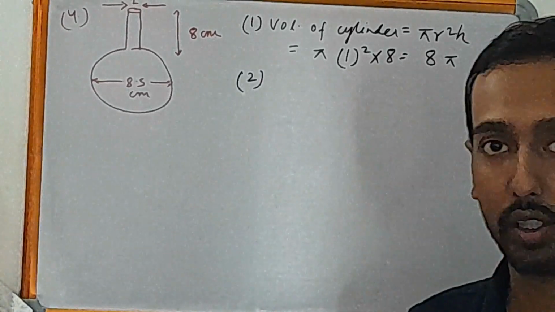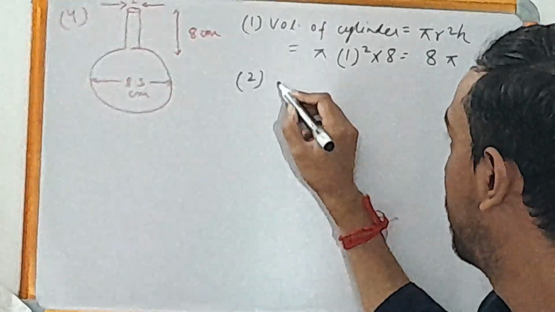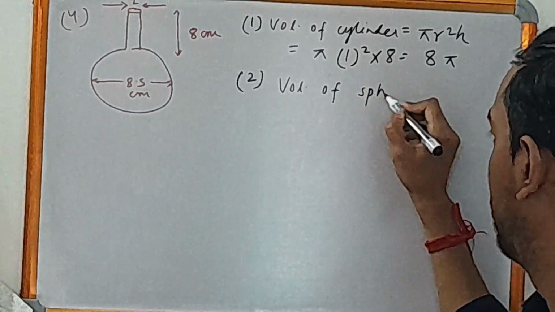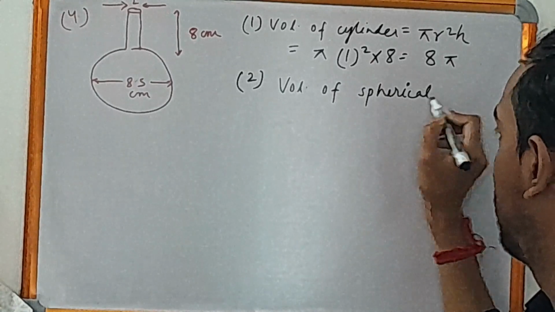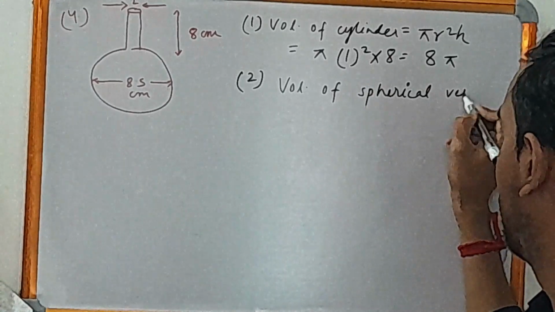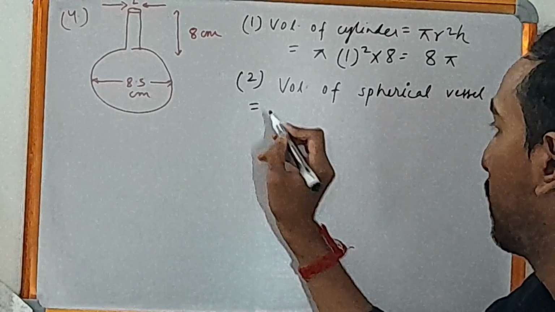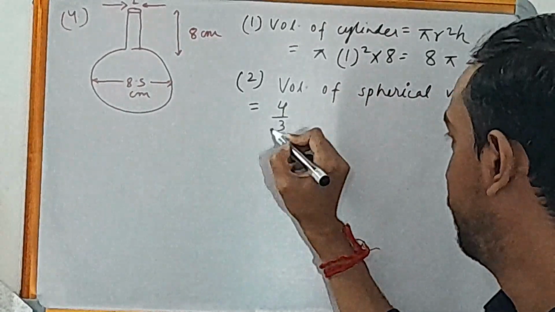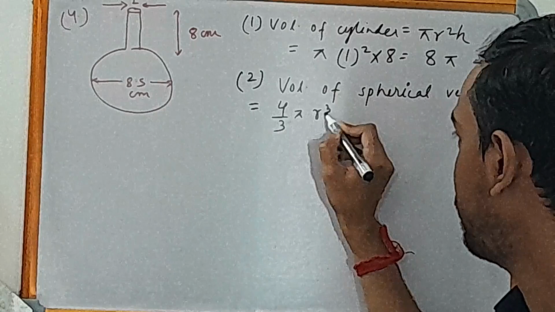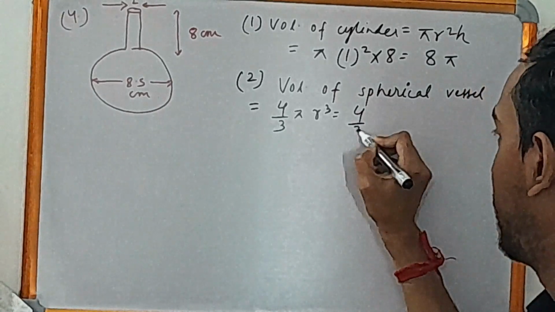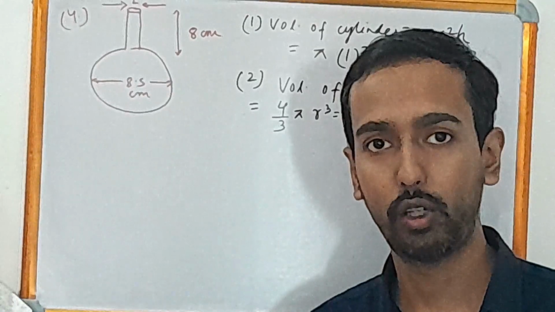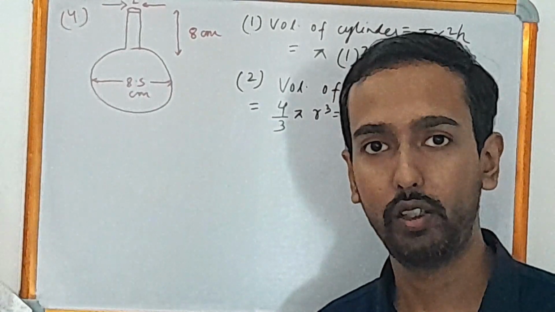Now what will be the volume of the spherical shape? We know that the volume of a sphere is given by 4 by 3 pi r cube. Keep pi as it is. Since the diameter of the spherical vessel is 8.5 cm, the radius will be 8.5 by 2.